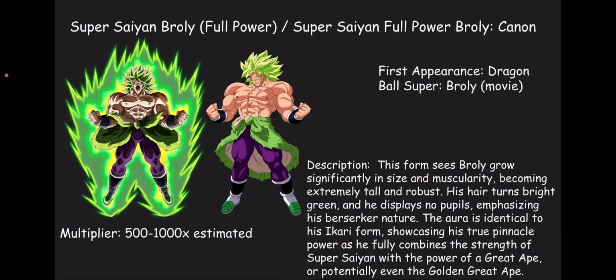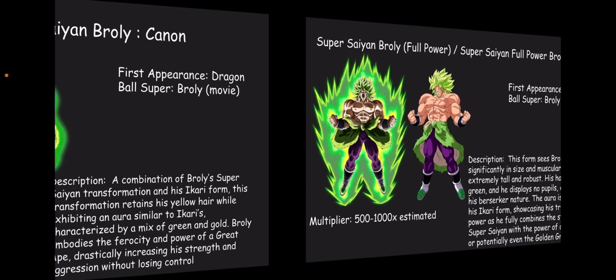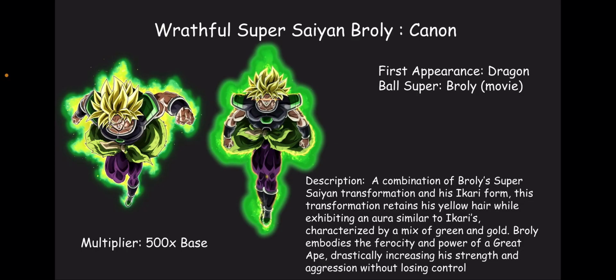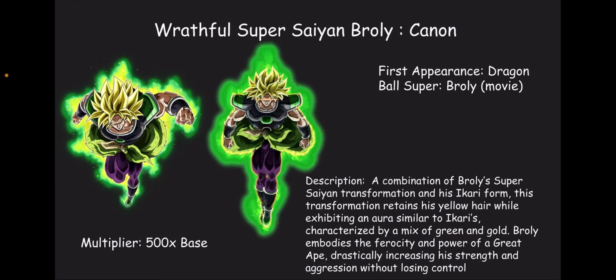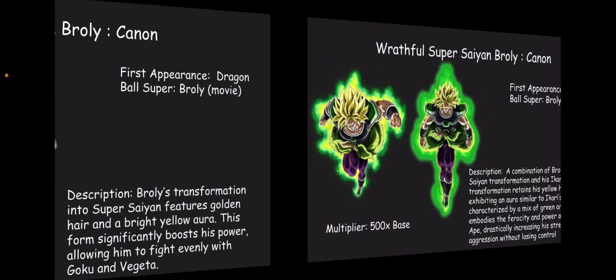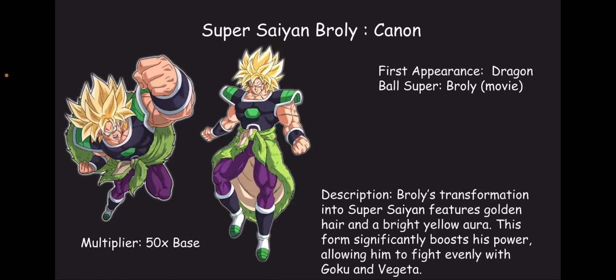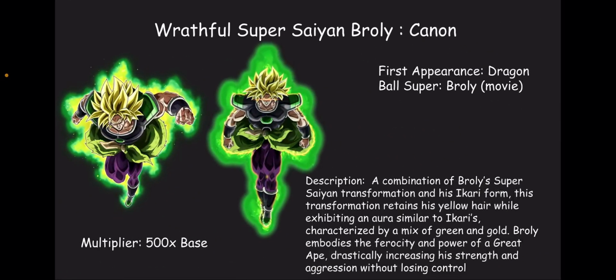I have seen people say that if it is 500 with the last transformation and this is a more refined new transformation, it could be 5,000 times base because of how significantly stronger it is. Because remember, Gogeta fought this Broly, or this version. I don't remember exactly, but in Super Saiyan, he was beating the absolute crap out of him.